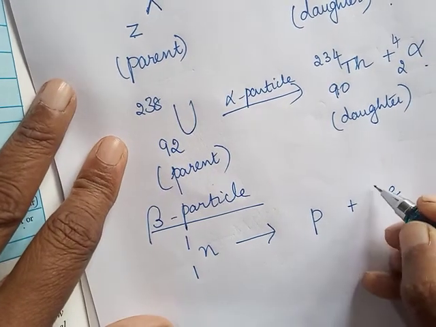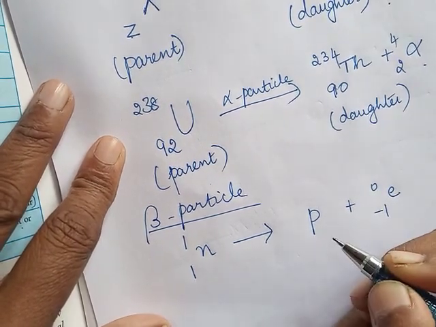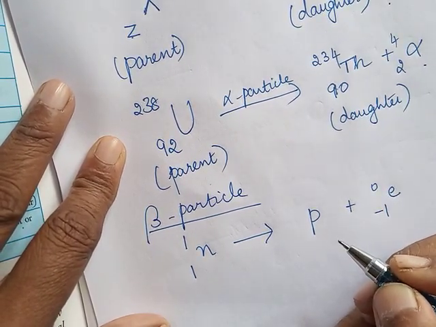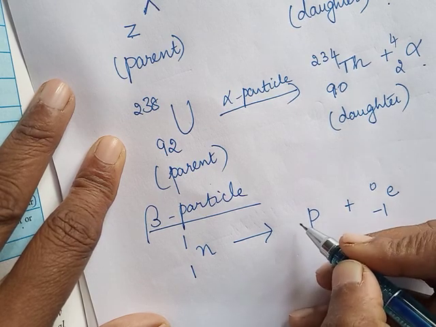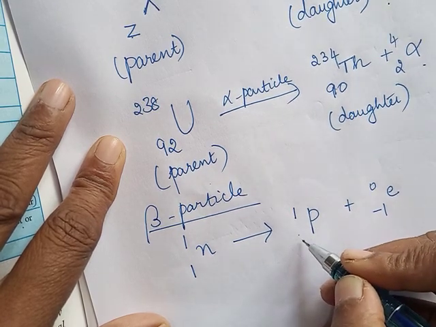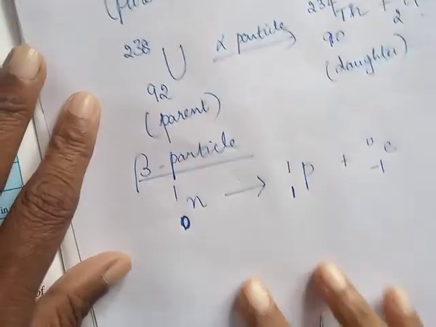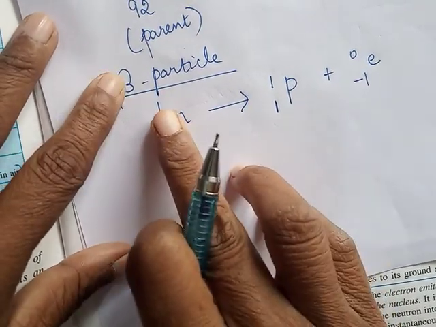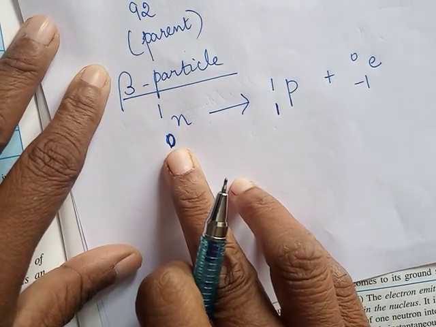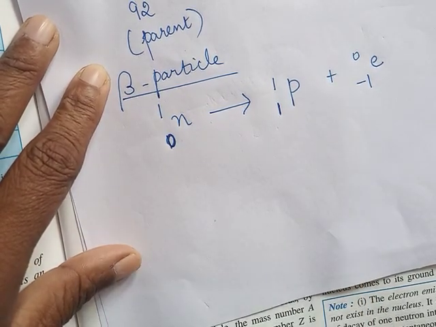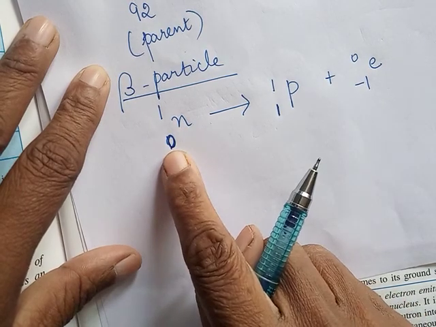Sorry children, the neutron will be represented by 1, 0. It will not have any charge. So its mass number is 1, atomic number 0.